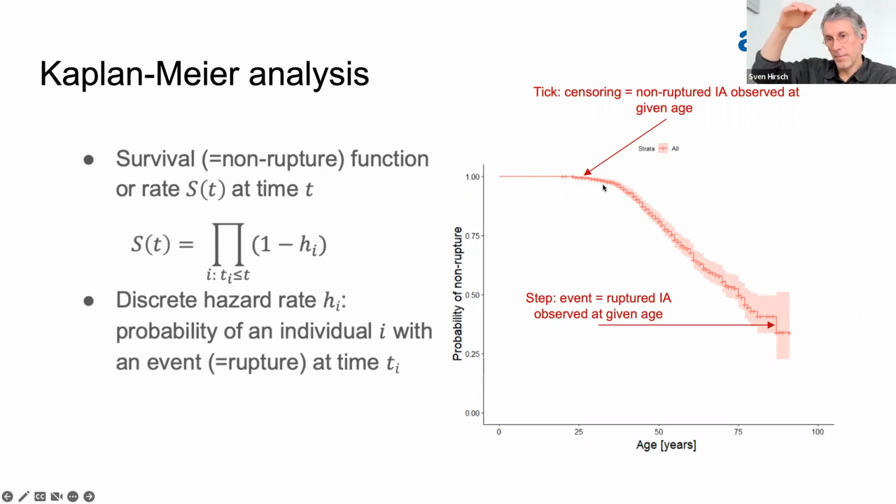So the number of aneurysms that rupture accumulates from top to bottom. And here in the end, you have 30% of the aneurysms still intact, and the other 70% have ruptured by that time point.